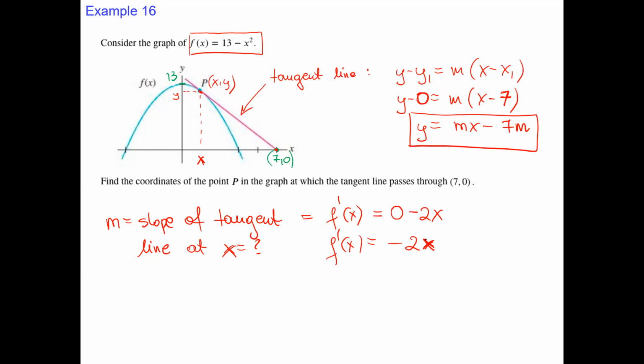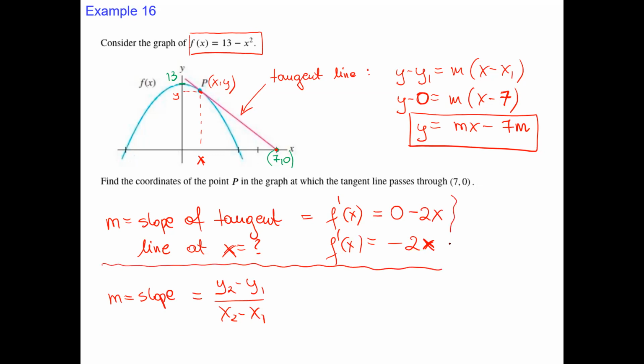What we can do is also use the formula for the slope, because the slope of the tangent is just the slope of the line, and we do have 2 points. Let's say this: y2 minus y1 over x2 minus x1. I will assume that this is my x, y, and this one is (7, 0).